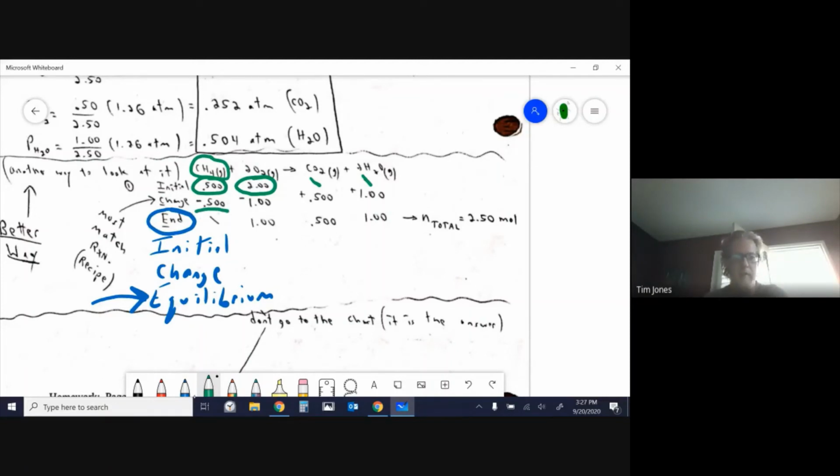Well, the amount that reacts is 0.5, but we write it as a negative 0.5. The O2 is excess, so let me label this a little better. This one is limiting. And the O2 is excess.